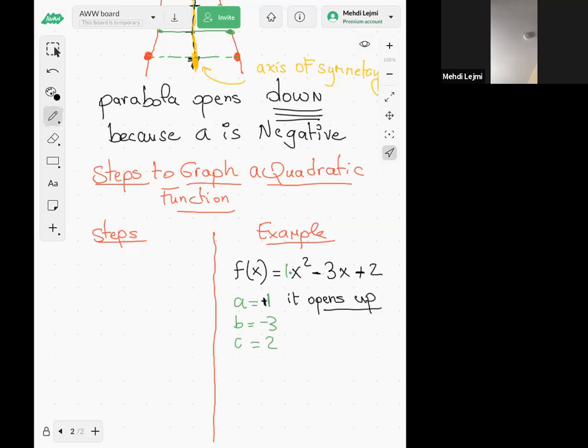Anyway, the first step to graph this quadratic function is to find the vertex. And we do have a formula for the vertex, right? The formula is the following.